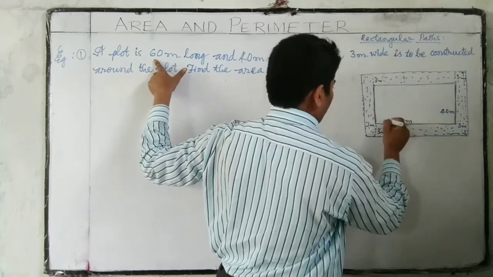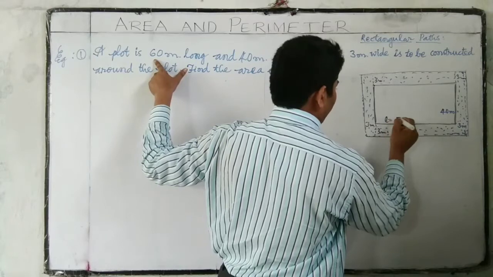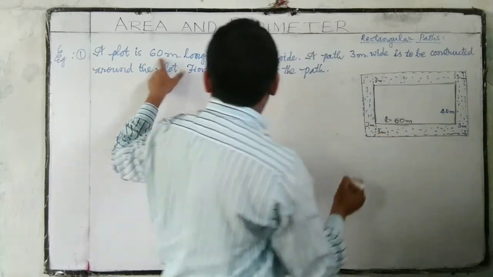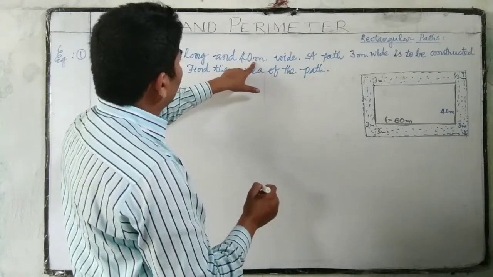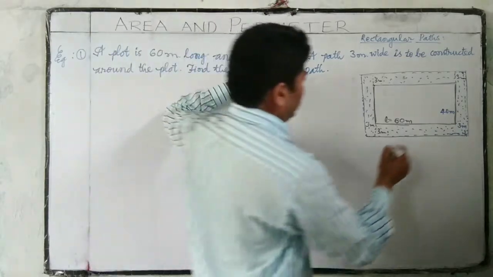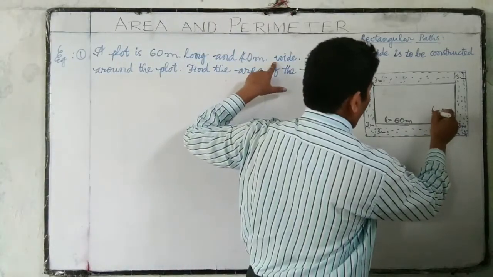60 meter long, so we can call this small l, length, and 40 meter wide, this we can call breadth, small b.